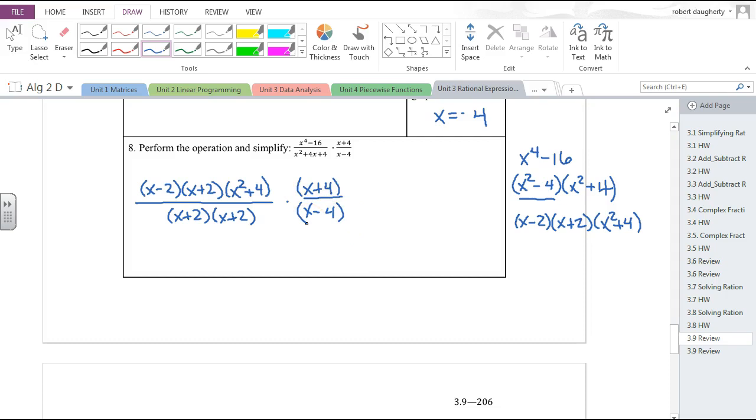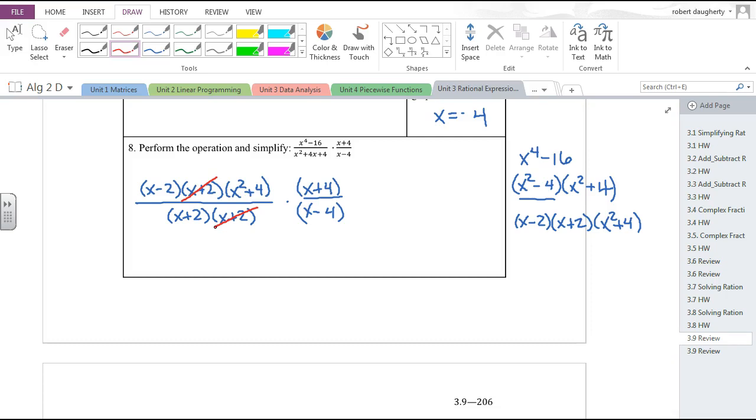Remember, in canceling, once you're in fully factored form, any factor over itself gives you 1. So in this case, I see x plus 2 divided by x plus 2, and that is all. There's nothing else that cancels here.